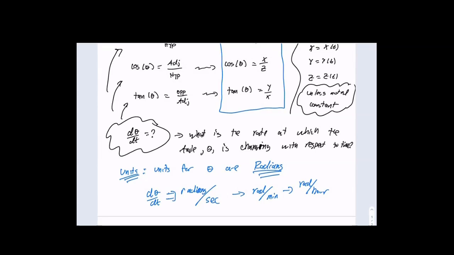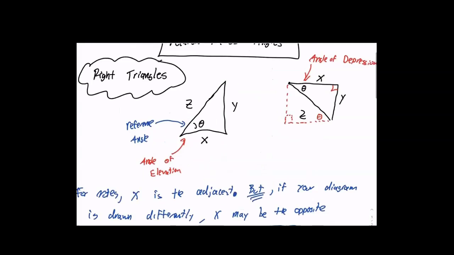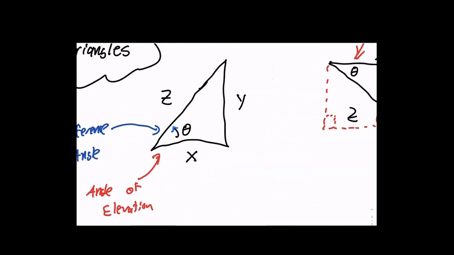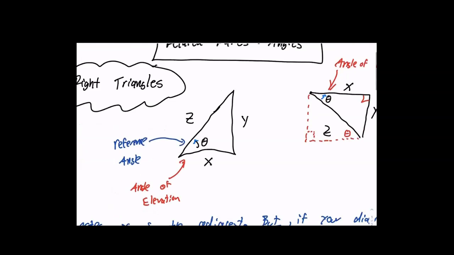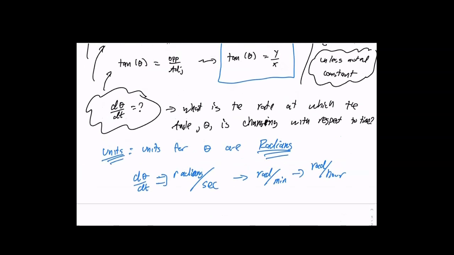So it tells you how many radians the angle is changing by, either increasing or decreasing, because these angles might be growing or they might be shrinking. You can think of this like a camera, which is a very good problem, and this is how cameras work. If you were taking pictures of somebody playing a sport, and they're moving fast across your field of view, you get that blur if they're moving too fast.